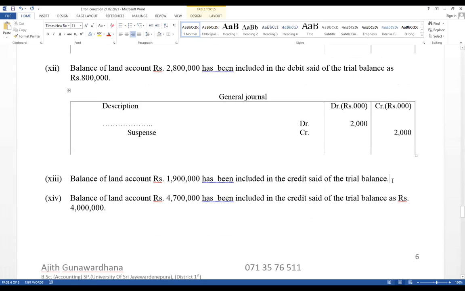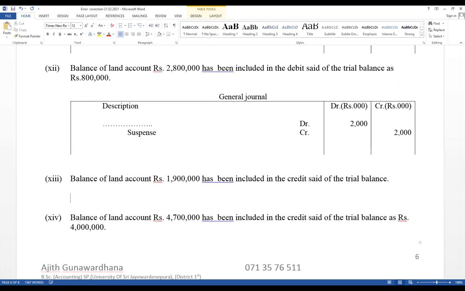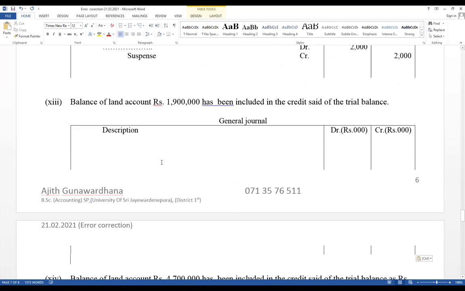Next one. Think what would be the answer. If errors occur when preparing the trial balance, those definitely affect suspense. Balance of land account 1900 has been included in the credit side of the trial balance. Now the side is also not correct. Normally assets should be included on the debit side.